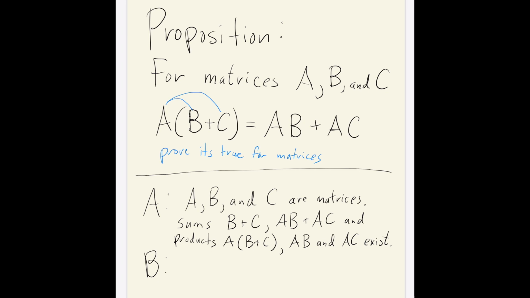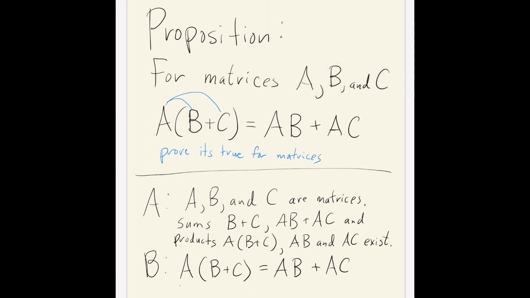And then B is exactly what we're trying to prove. That is already given in the problem. A times the quantity B plus C is equal to AB plus AC. Okay, so using the forward-backward process, I want to think about what would I do.